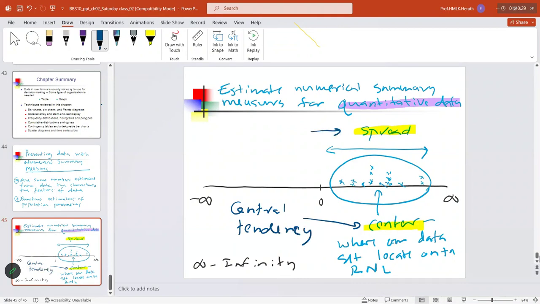Talking about the spread is called dispersion. So now we can describe a data set.